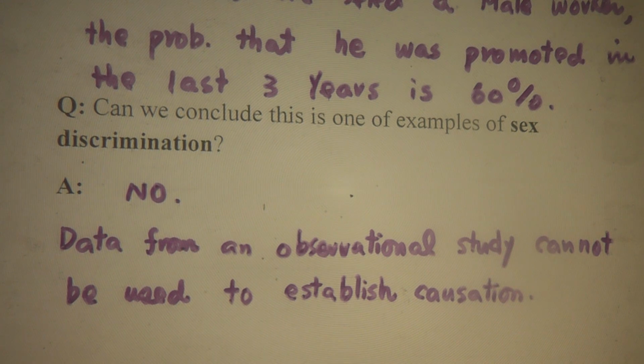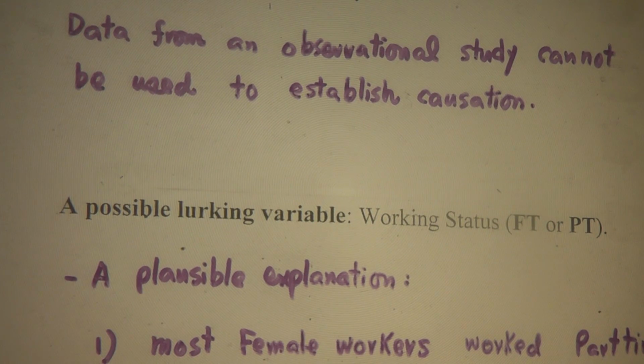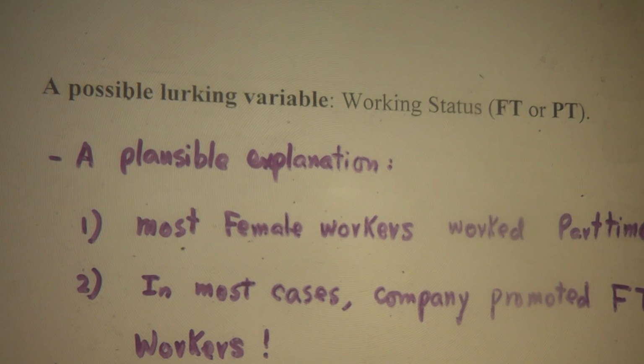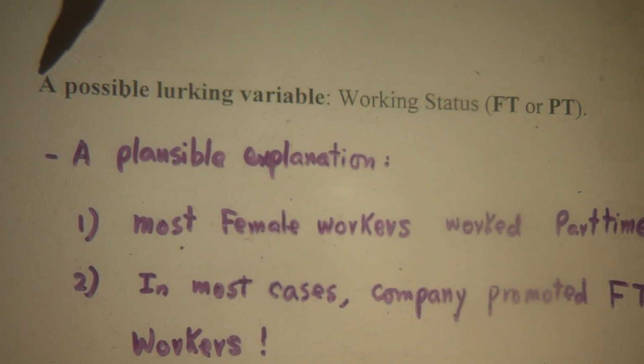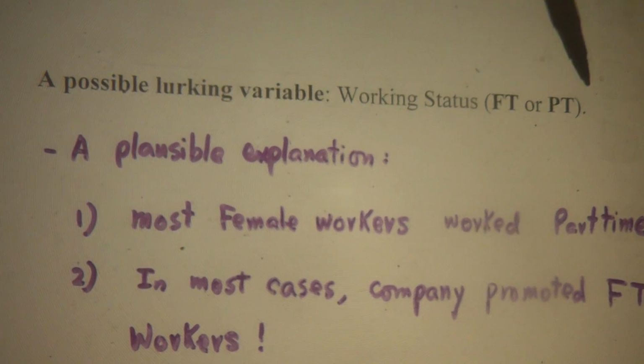The reason we cannot do it is because in an observational study, we cannot control lurking variables. And what is a lurking variable? As we introduced before, one possible lurking variable in this example is working status, full-time or part-time.